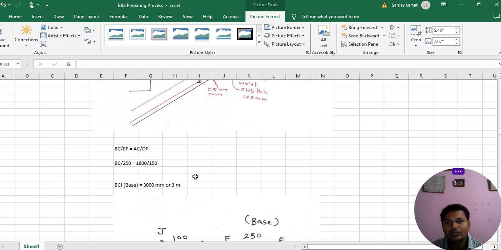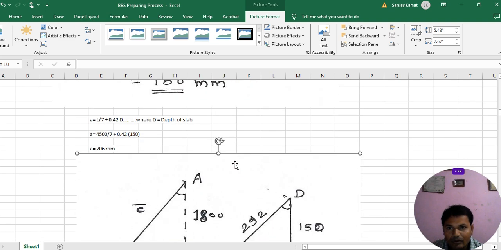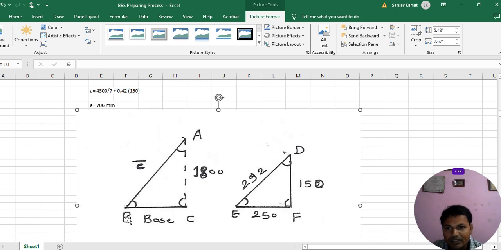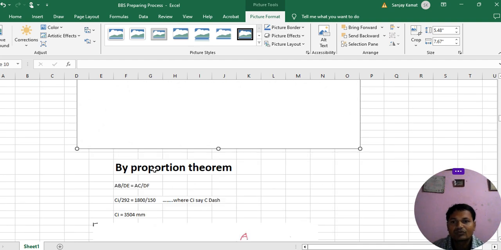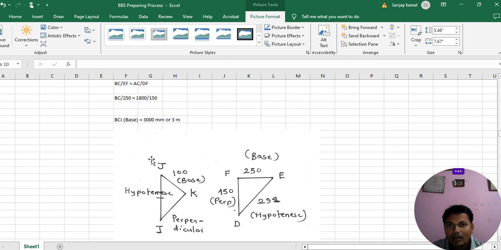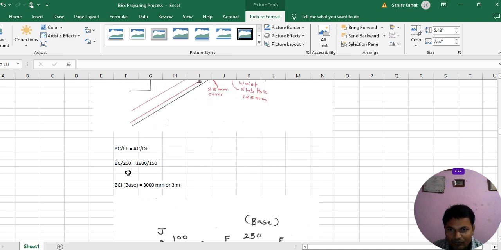So if we substitute this, earlier we got the value of C prime, that is nothing but AB. AB side, this value we have got, no. Once we have this value, keep that value in this formula and solve, then you can get BC.